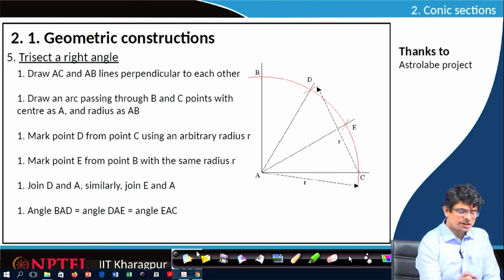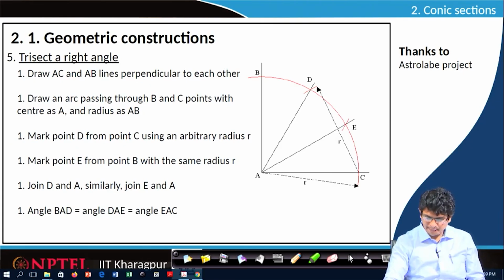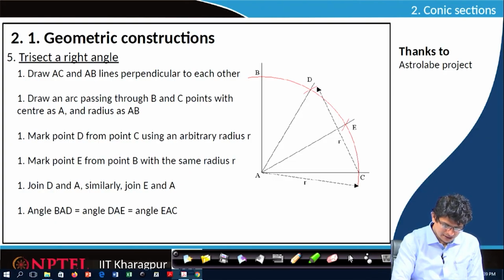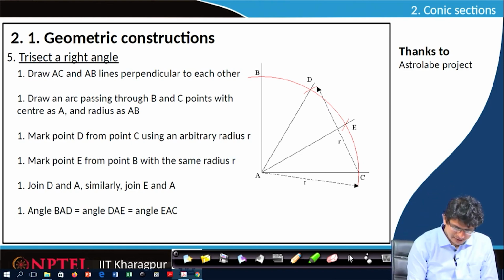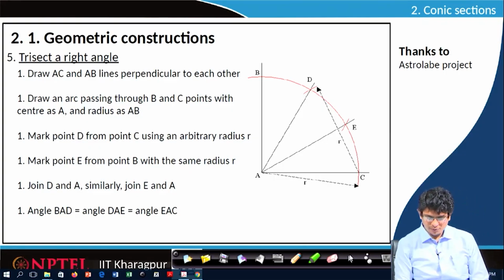Let us construct that using our geometrical construction. First of all, we have to draw a perpendicular line, a right angle. Use our pencil. Let us mark point A, point C. We would like to have a perpendicular line.